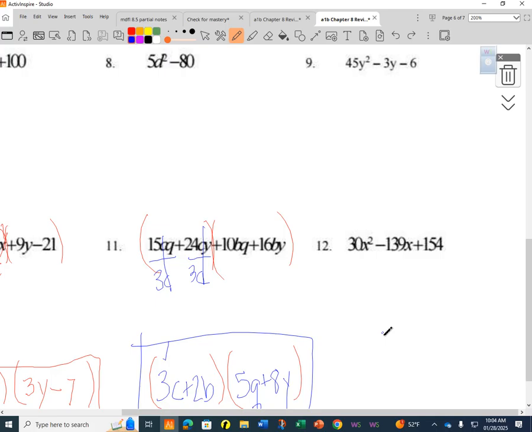But 139, 1 plus 3 plus 9, that's 13, right? 13 is not divisible by 3, so 139 can't be divisible by 3. If the sum of the digits is divisible by 3, then that number is, right? So I don't think it's factorable.